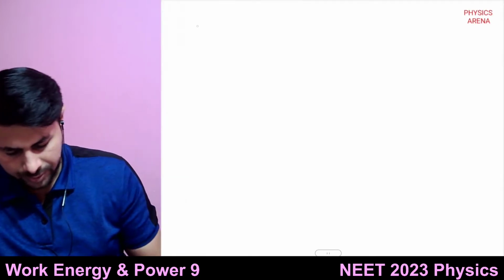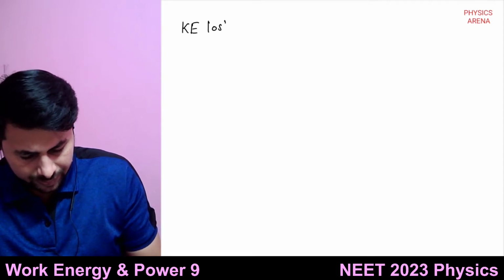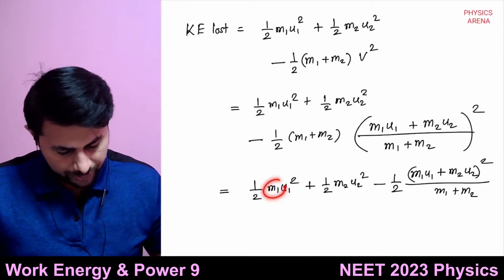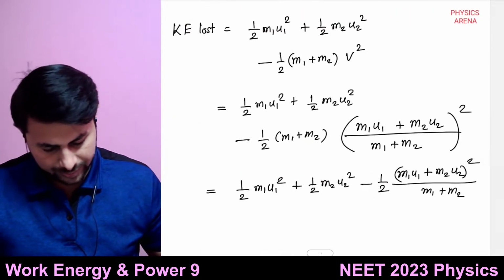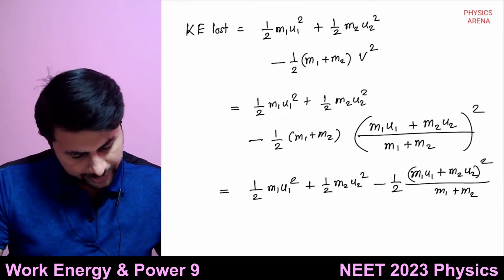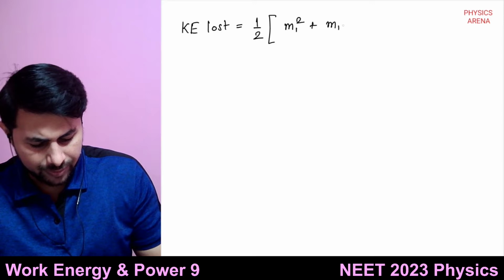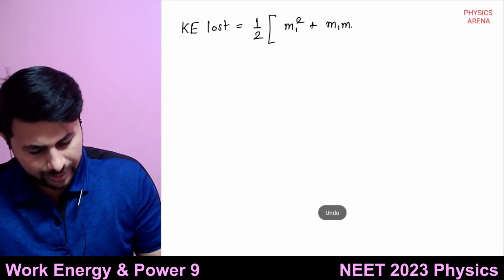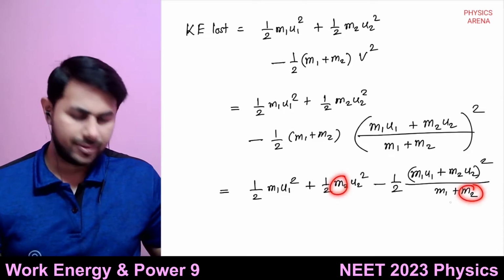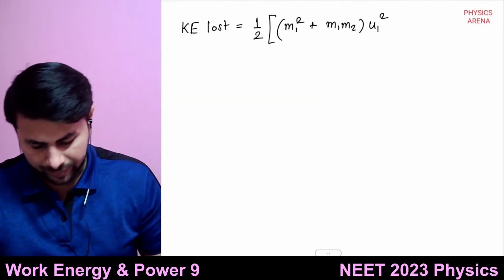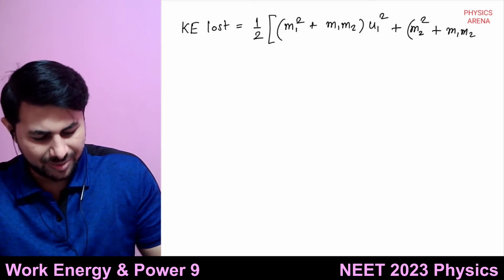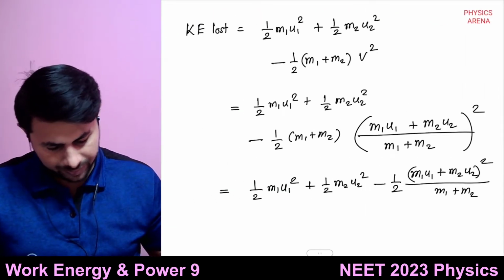So the kinetic energy lost will be equal to half, taking the factor common, of: m1 multiplied by (m1 plus m2), that is m1 squared plus m1 m2, multiplied by u1 squared, plus m2 multiplied by (m1 plus m2), that is m2 squared plus m1 m2, multiplied by u2 squared, minus the square of this thing.